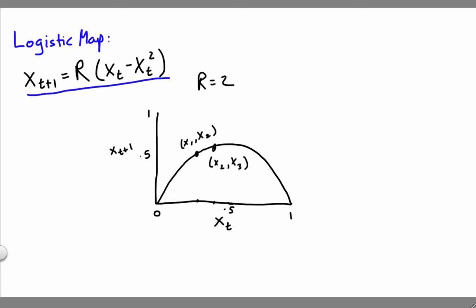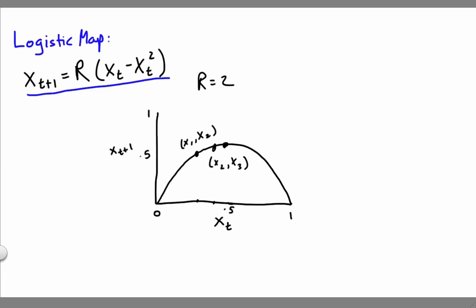Then we take our old x3, which was 0.49160192. We find that on the x-axis. Then we go up here to find x4, which was 0.499999, etc. And we keep doing that. And finally, we get to exactly 0.5 and 0.5.